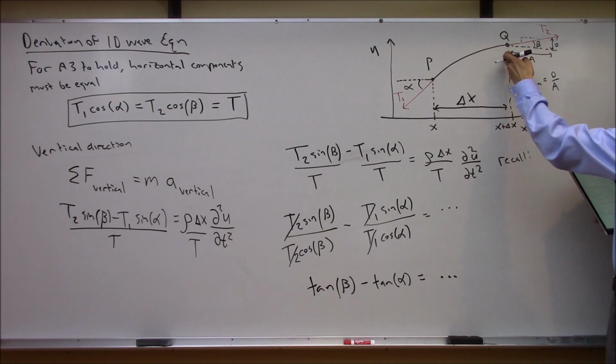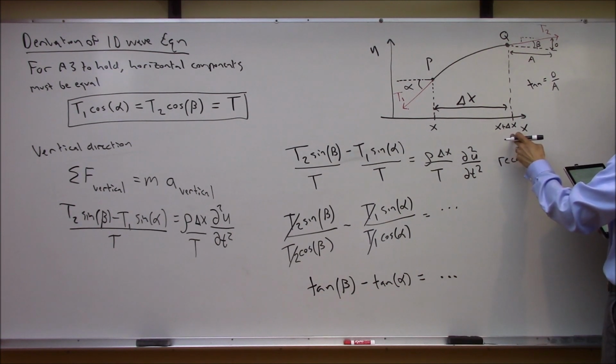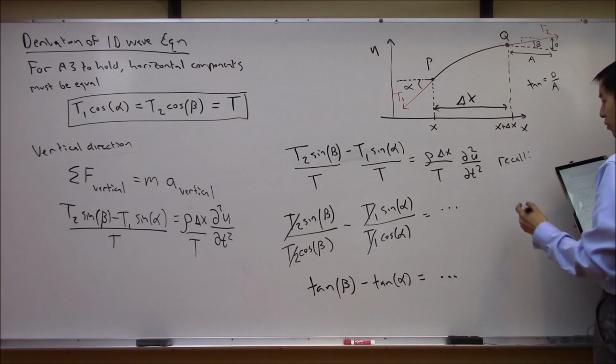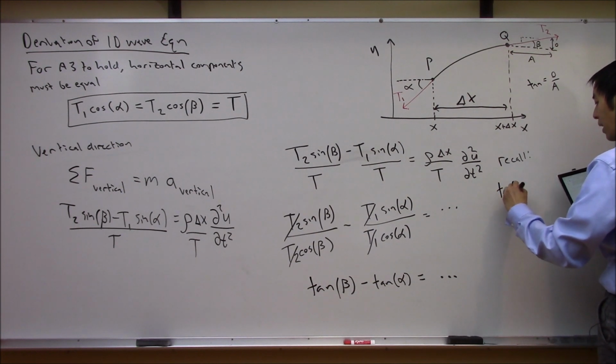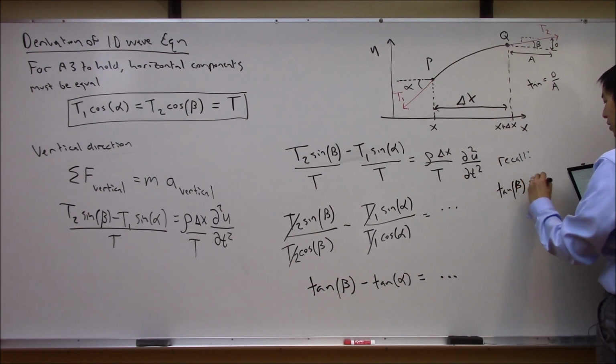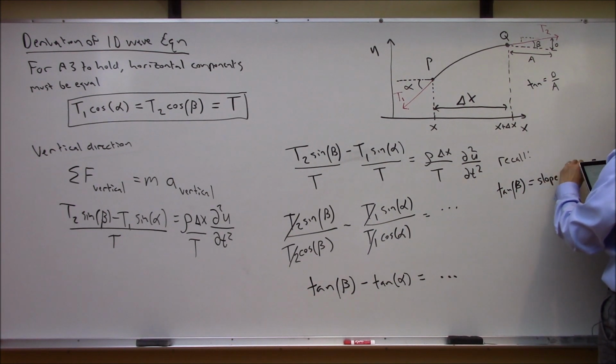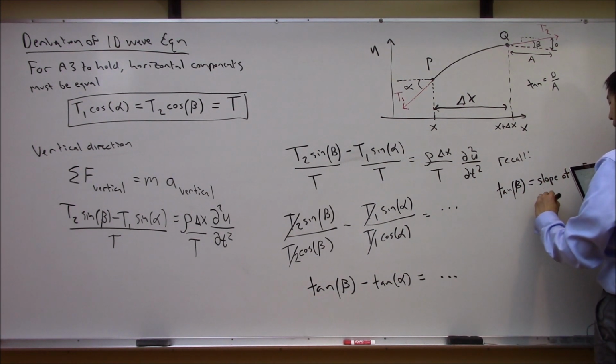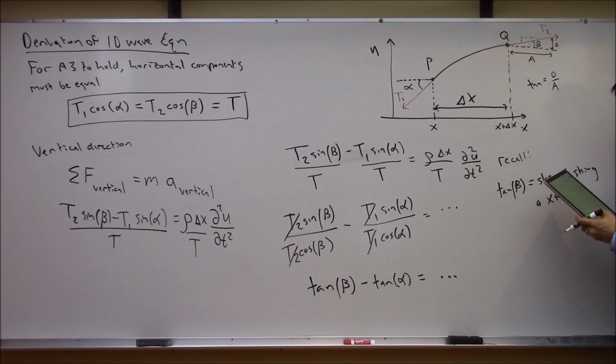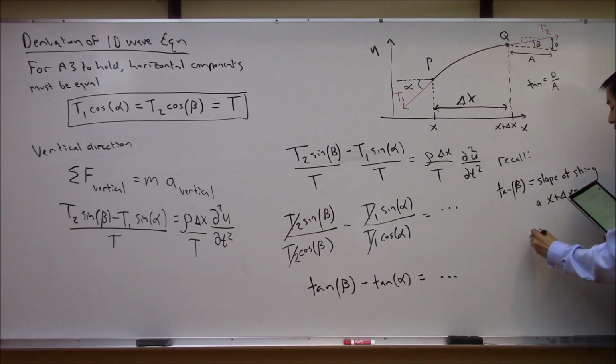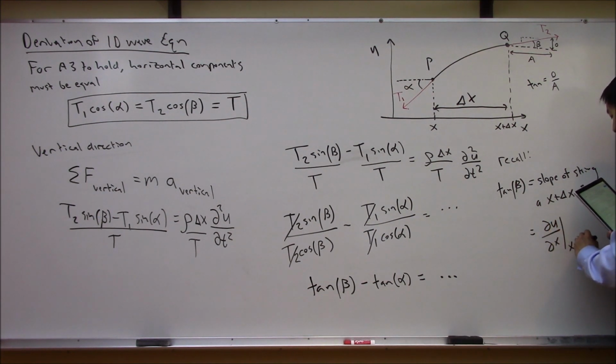In other words, it's the slope of the string at x plus delta x. So let's write that down: tangent beta is the slope of the string at x plus delta x. Another way to describe that slope is the partial of u with respect to x at x plus delta x.